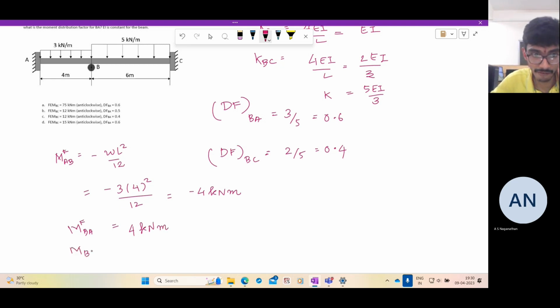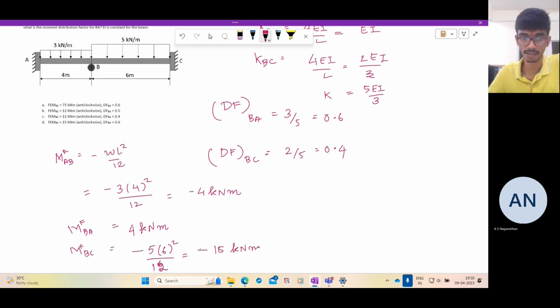What is MBCF? MBCF is minus 5 into 6 square by 12, which is 36 by 12 into 5, minus 15 kilonewton meters. And MCBF is 15 kilonewton meters. Now they're asking the fixed end moment in BC and the distribution factor for BA. So you can see that it corresponds to option B.